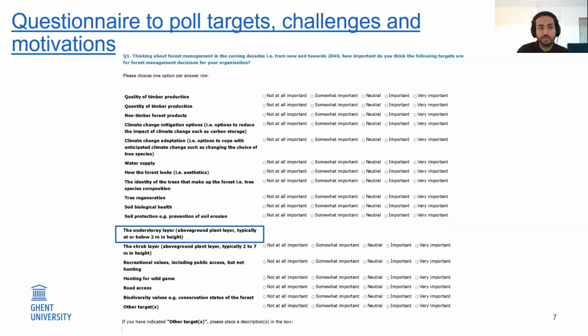And so we sent out a questionnaire to poll the targets, challenges, and motivations of these decision makers. And we did not prompt them by telling them that this is an understory-focused study, but we rather inconspicuously entered some understory variables within lists to see whether they are considering this layer while making decisions.